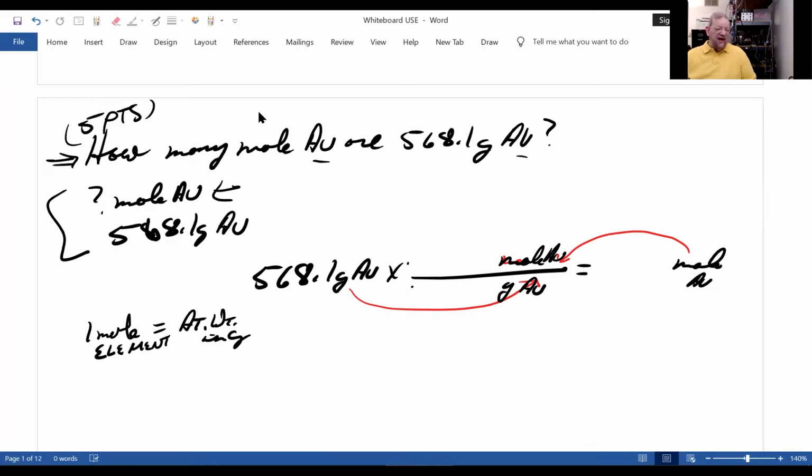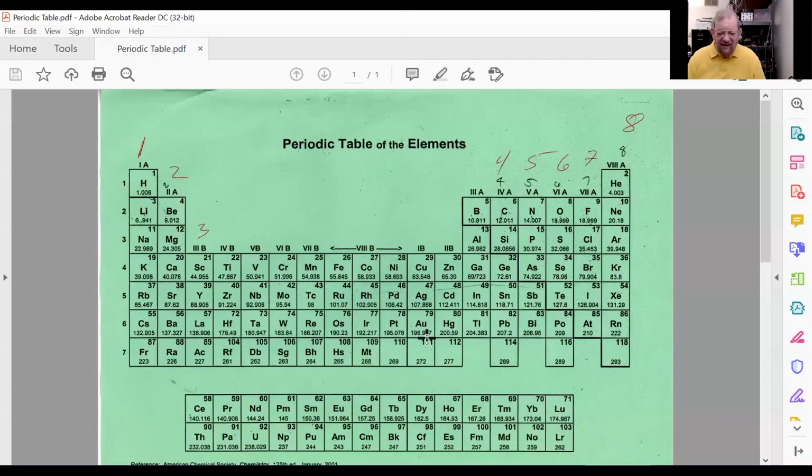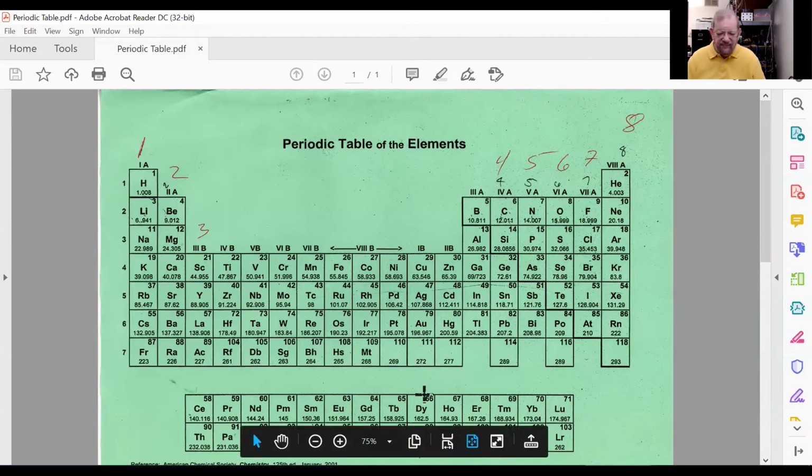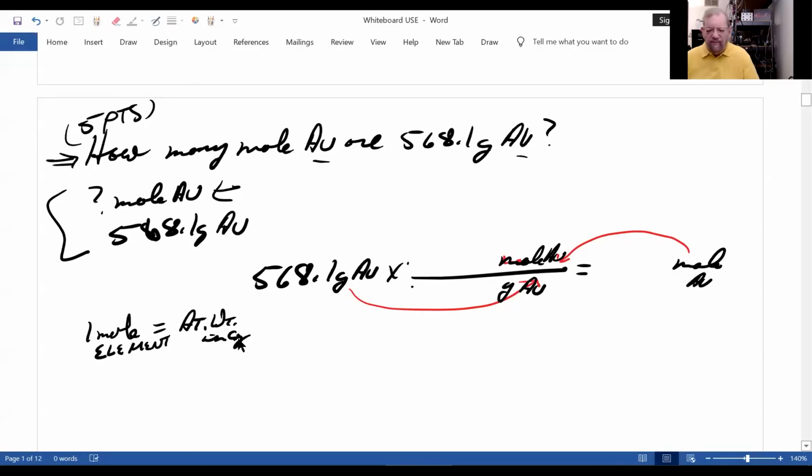And where do you get that? From the periodic table. And if we look at gold, to 3 significant figures, it's 197. So 1 mole of an element equals 197 grams of an element.